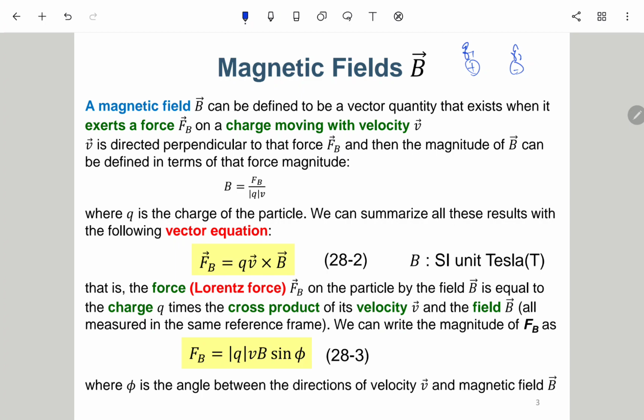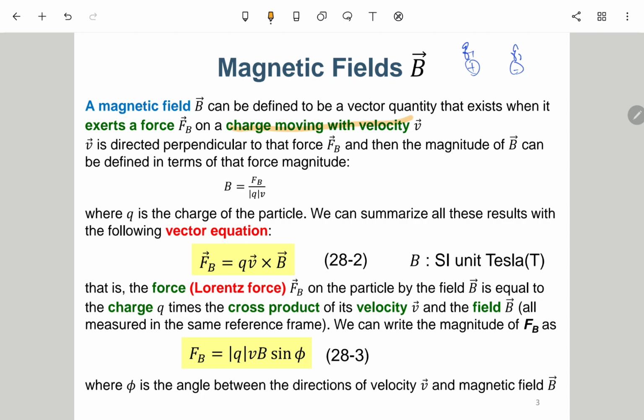If we put a charged particle in the B field and the charge doesn't move at all, there will be no force acting on it. But if this charge is moving with a uniform velocity, then there will be a force acting on this charged particle.